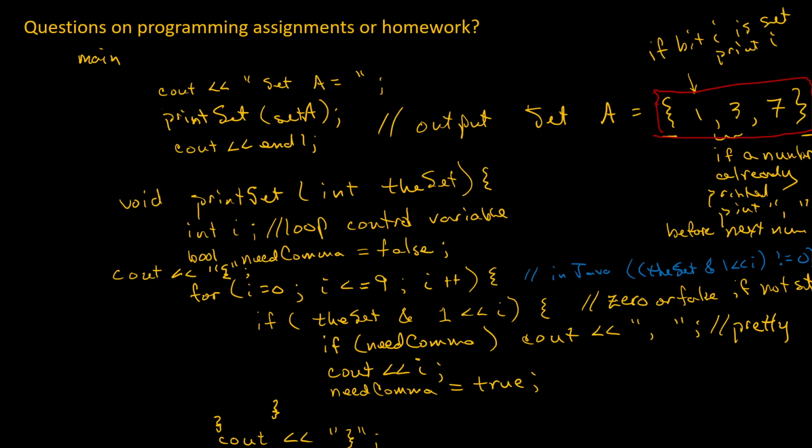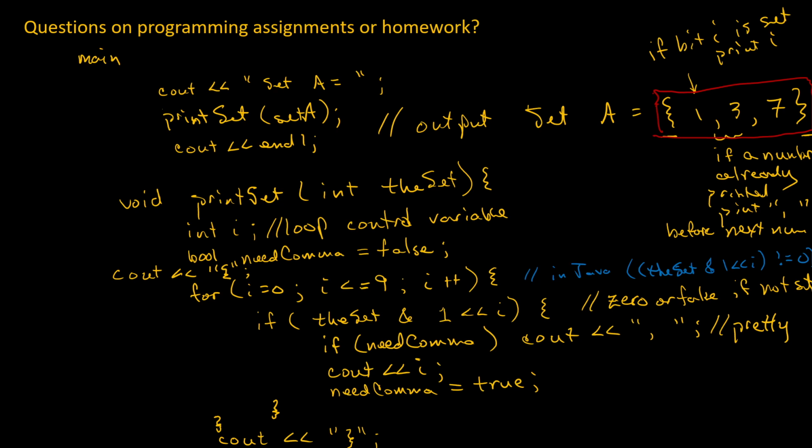Old school practice was you declared all of your variables at the top of a function. I realize that they try and tell people to declare them near where they're used, but if you've got hundreds of lines, you want to declare everything at the top. And then where you declare need comma, initialize it to false.